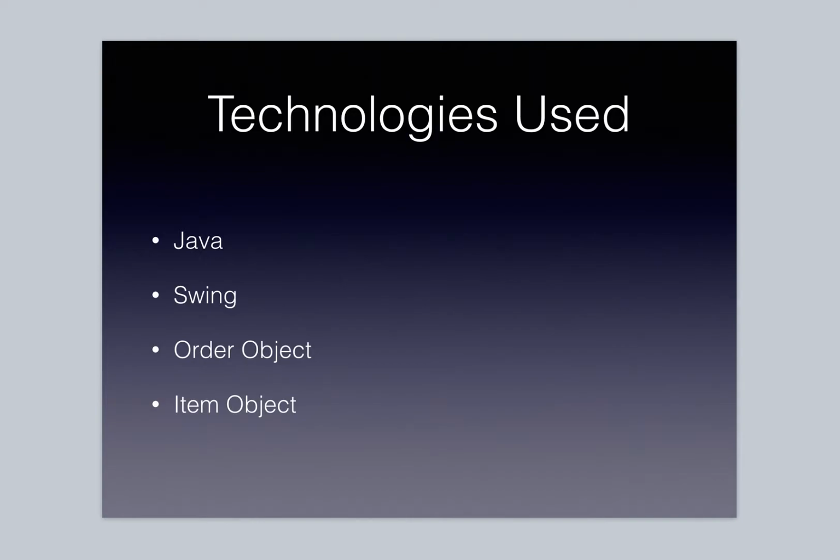Java was the programming language that was used, as well as Swing for the graphical user interface. The two main objects that are used in the program are the order object and the item object. The order object represents an order that uses an array list to store item objects. It keeps track of the total price by iterating through each item in the array list and adding up the totals.